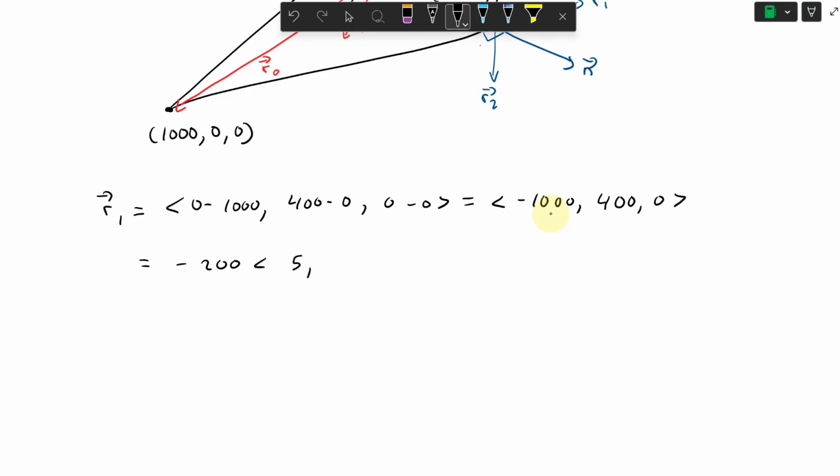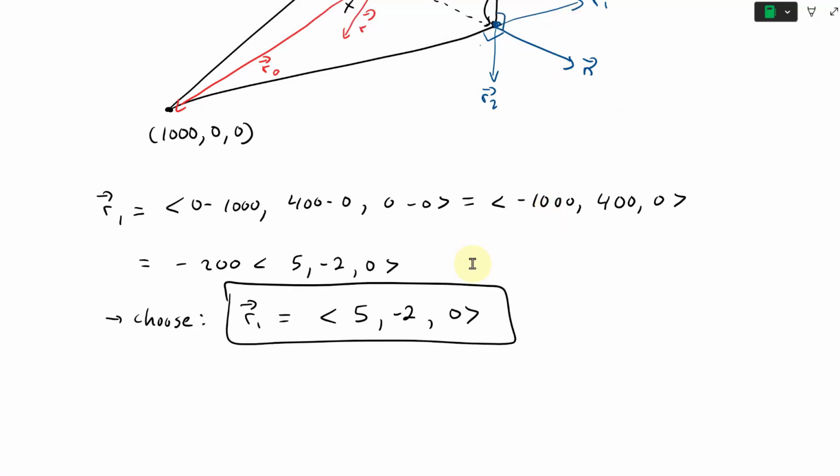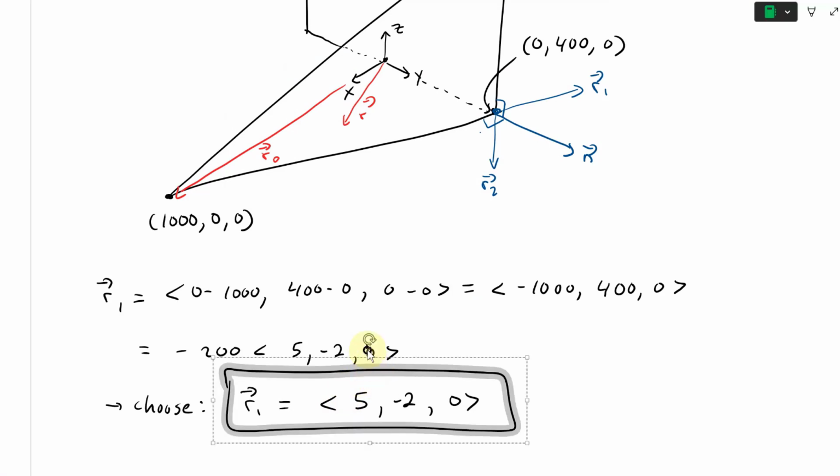Then 400 divided by negative 200 is negative 2, and then 0. So I'll choose the R1 vector to be 5, negative 2, 0, just to get rid of that negative 200. Again, all that matters is the direction. We don't care about the magnitude of it. The cross product will be the same anyway. All right, so we have that.